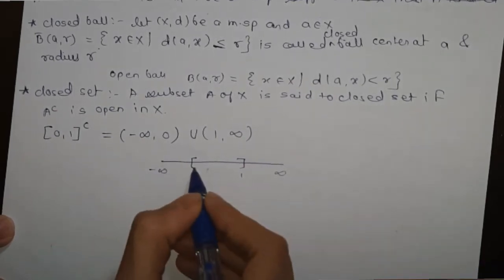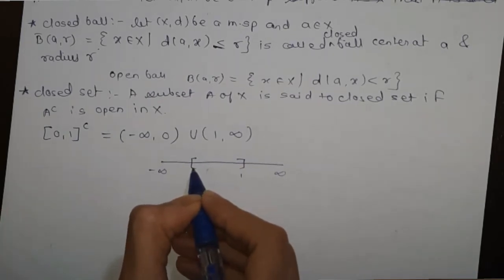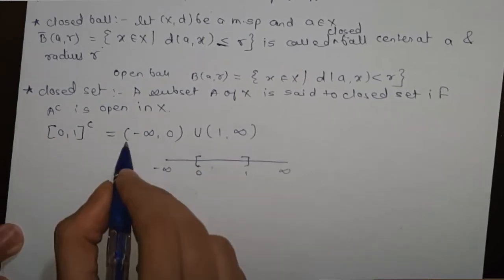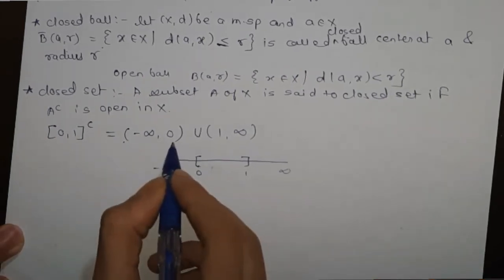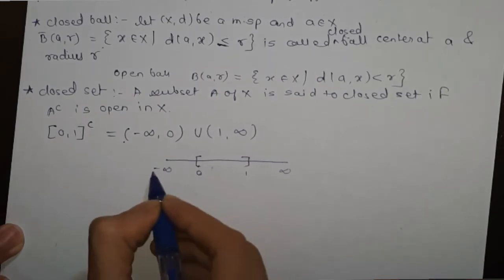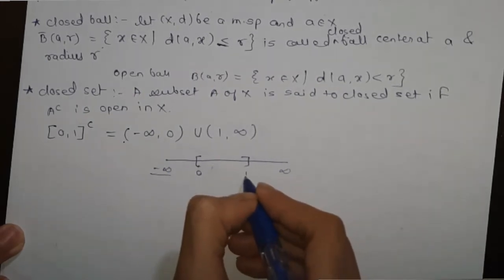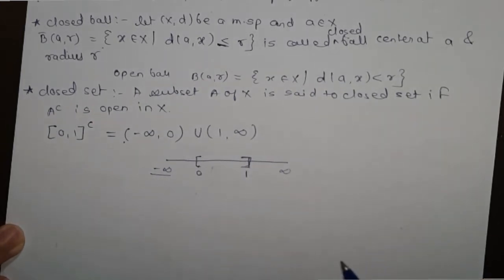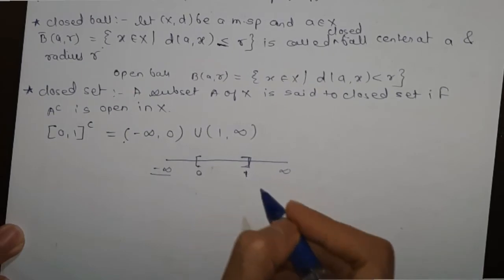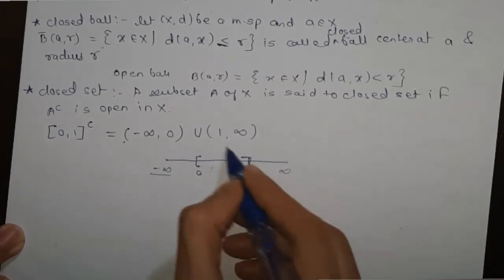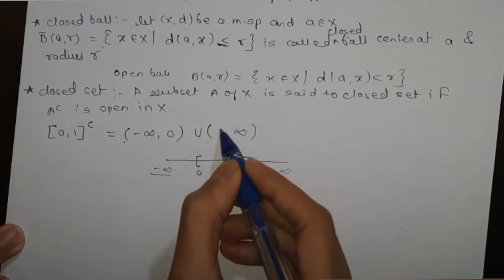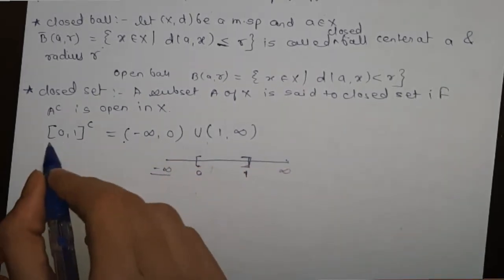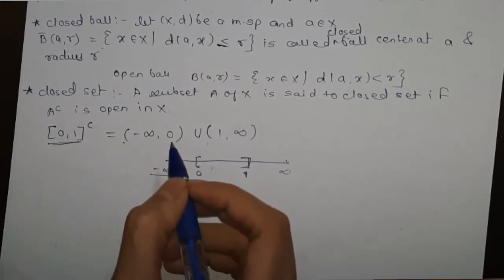So 0 shouldn't be included, because it is included in this set. That's why we write an open interval here, from minus infinity to 0. And here also 1 is included in this closed set, so after taking the complement, this 1 is not in our set. That's why, similarly, union (1, infinity). So this is the complement of [0, 1].